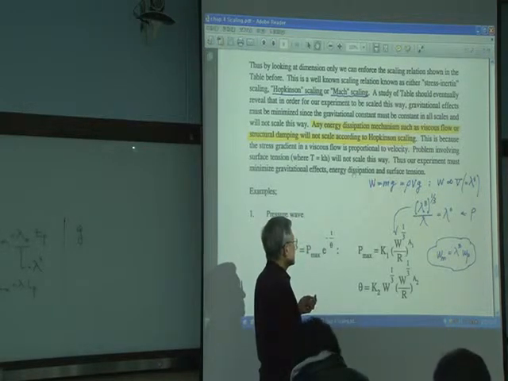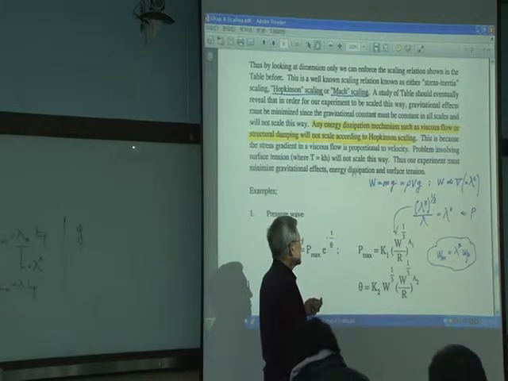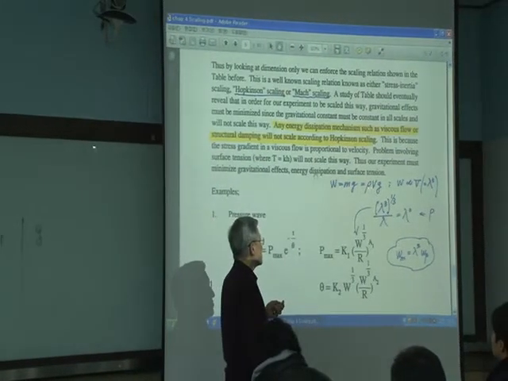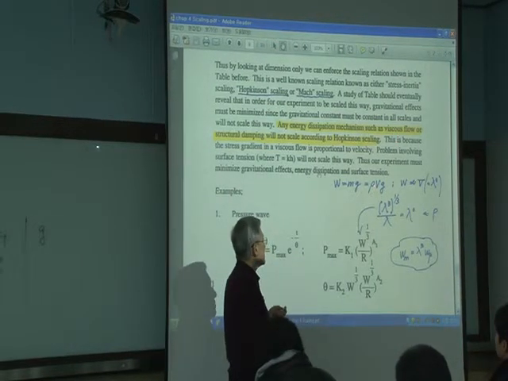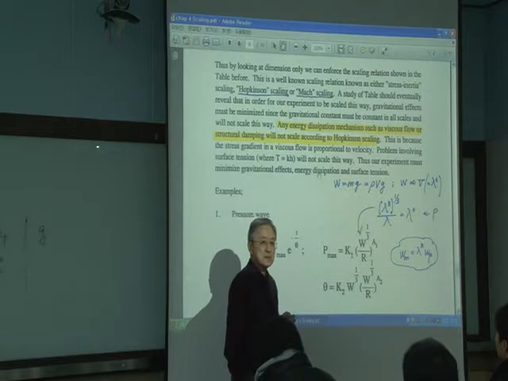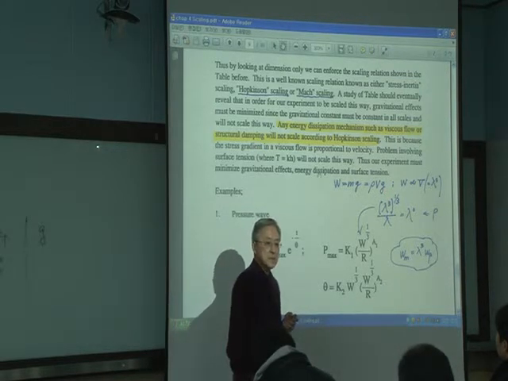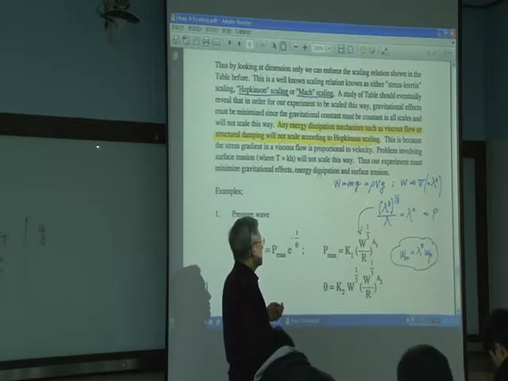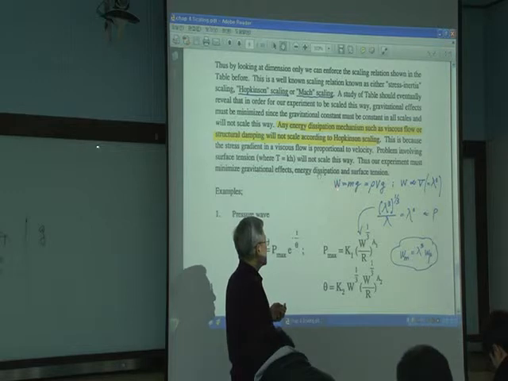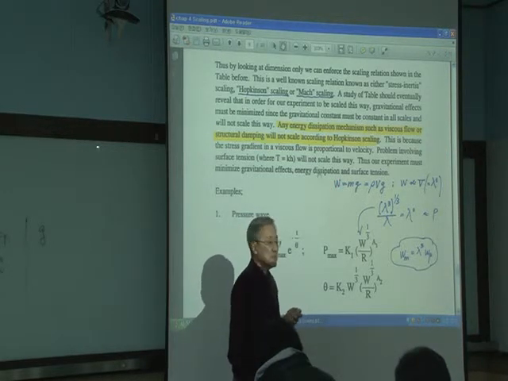W is equal to mass times G. Mass is mass density times the volume. Rho is a constant, okay? And G is a constant, so you can't change it. As far as weight is concerned, the charge weight is really a force, right?